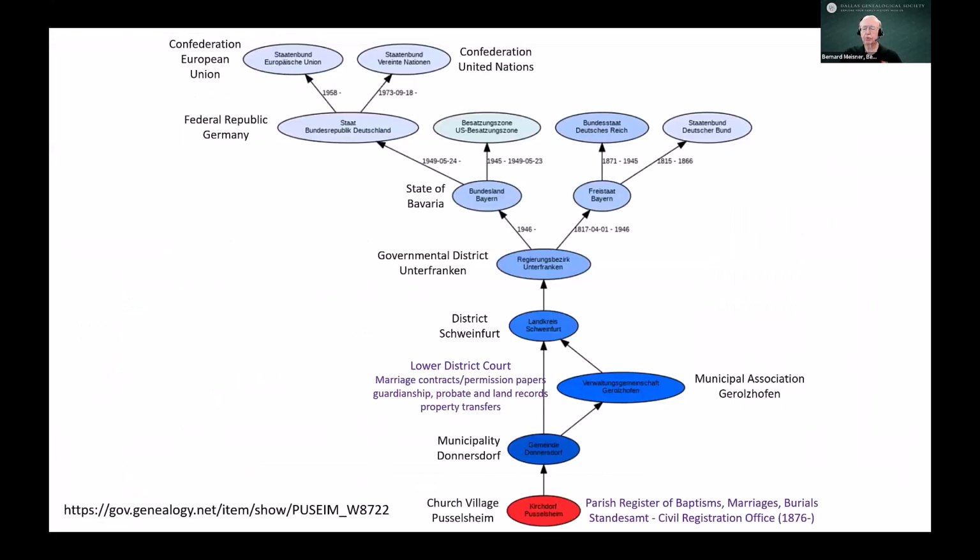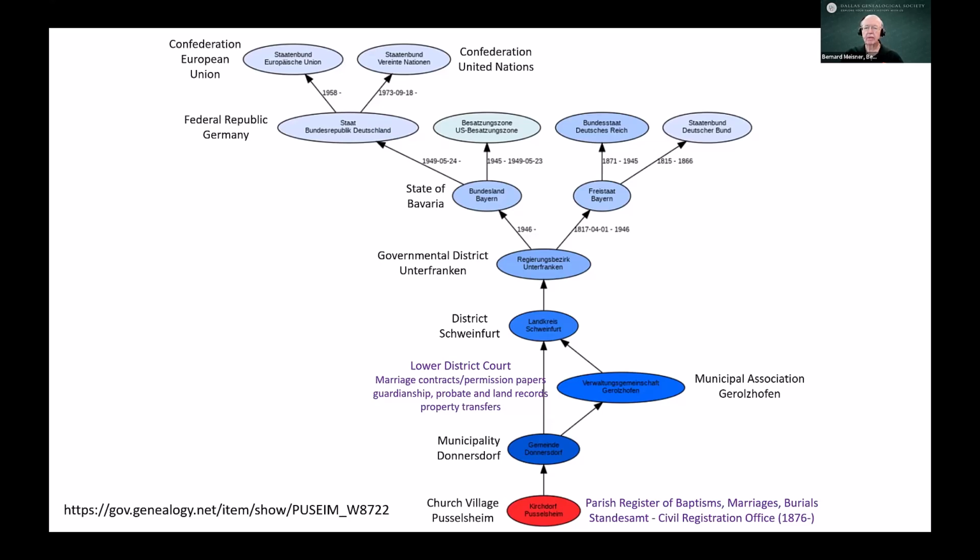it will show you in German, I've done the translations here, all the various authorities that had various hierarchy, starting at the bottom with Pusselsheim as the church village, and then there's the municipality of Donnersdorf. There we see Gerolzhofen has the lower district court, and then that's in the district of Schweinfurt.